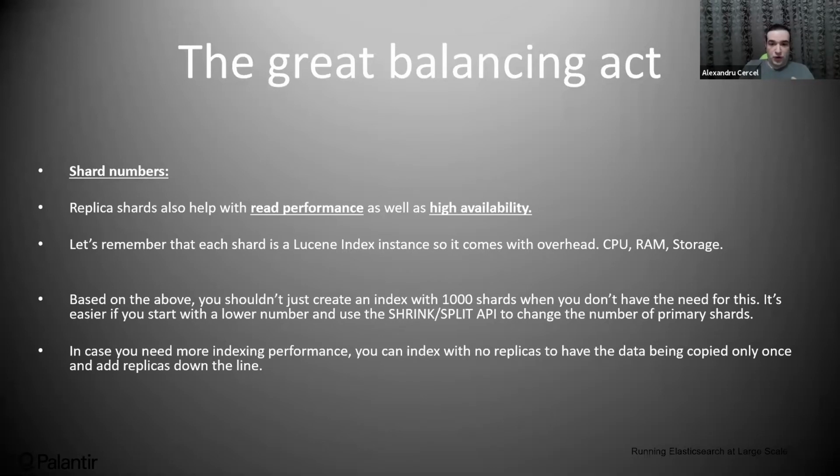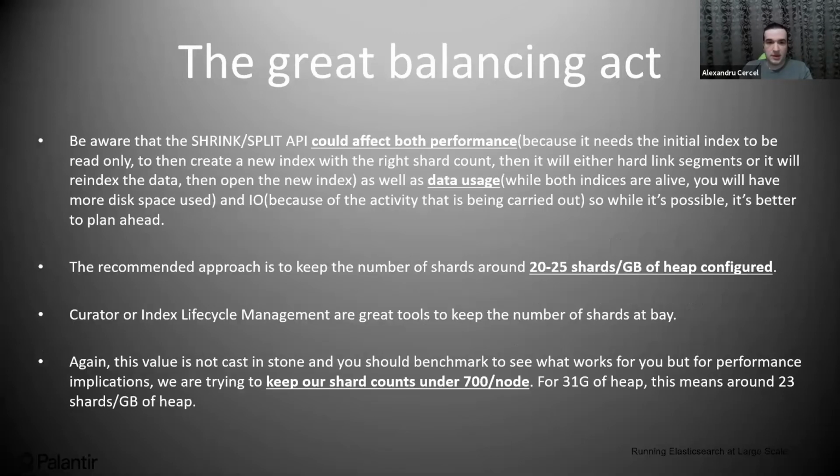So don't throw 1,000 shards at an index. Just start with the defaults and use the shrink and split API to change the number of primary shards. In case you need more indexing performance, you can scale the replicas later, or you can index with no replicas and add them later. Adding replicas is usually a dynamic operation, so you can do it anytime.